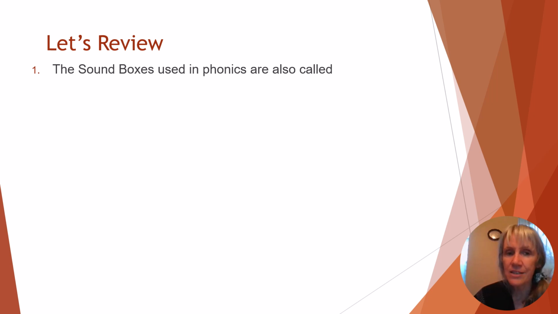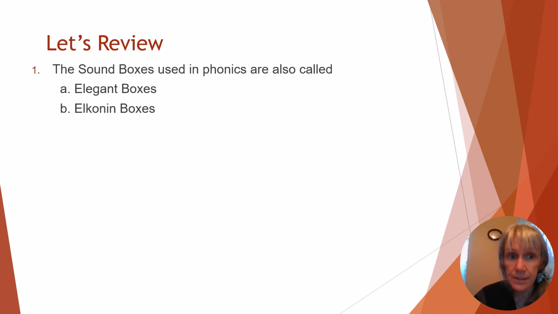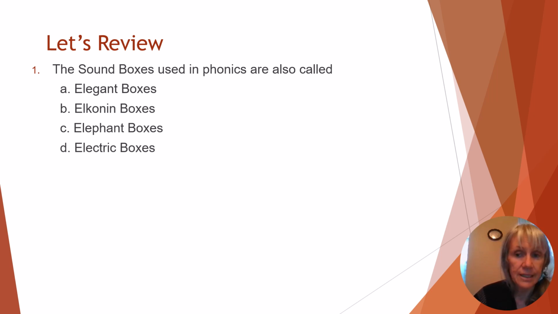The sound boxes used in phonics are also called: A, elegant boxes, B, Elkonin boxes, C, elephant boxes, or D, electric boxes. Which of those is correct?